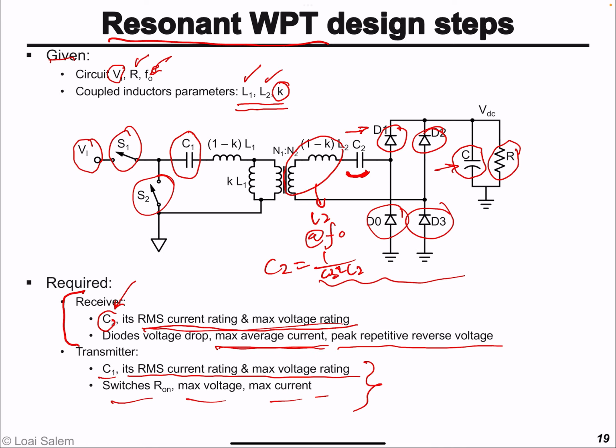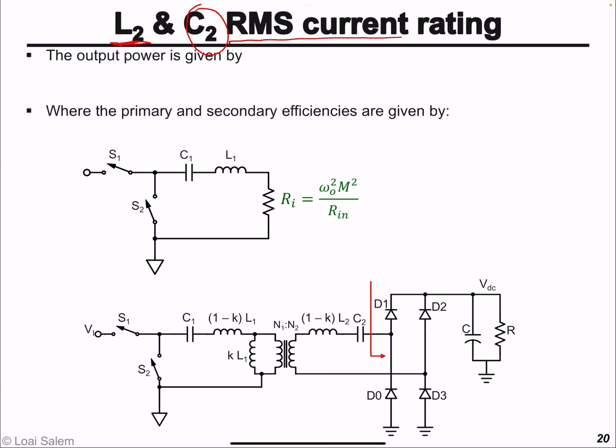Here I'm assuming that we are not designing the transmitting and receiving coils, rather we are given the parameters already, or we take these primary and secondary coils from a supplier. But we just need to make sure that the RMS current flowing in the secondary side inductor L2, as well as the capacitor C2, doesn't exceed the maximum RMS current rating of the secondary coil, as well as C2.